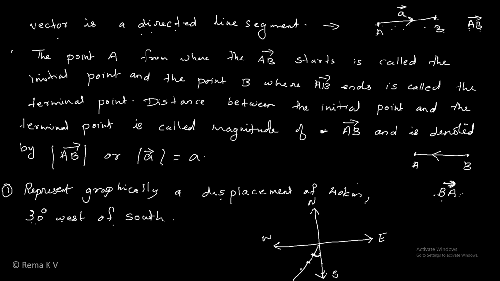Let 1 centimeter represent 10 kilometer. So this is 40 kilometer and the final position is here. Let this be equal to OP. OP represents 40 kilometers.